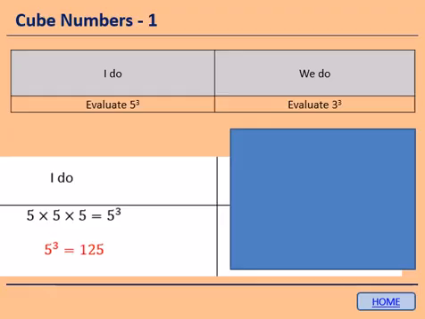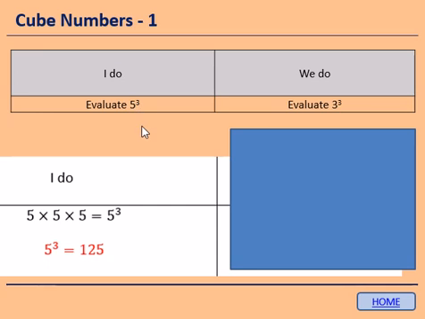Okay, so for the first I do and we do of the lesson, we have some cube number examples. The first I do says evaluate 5 to the power of 3. Remember this little 3 on the 5 means to the power of 3.